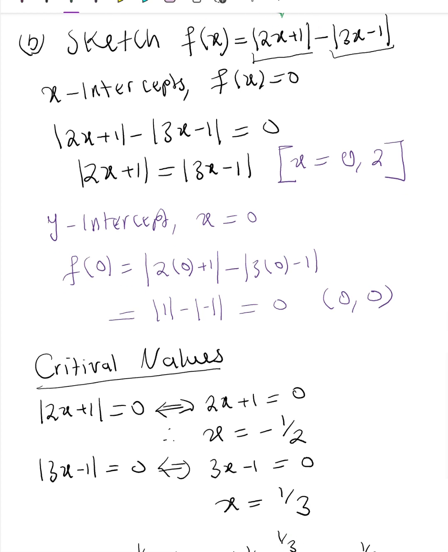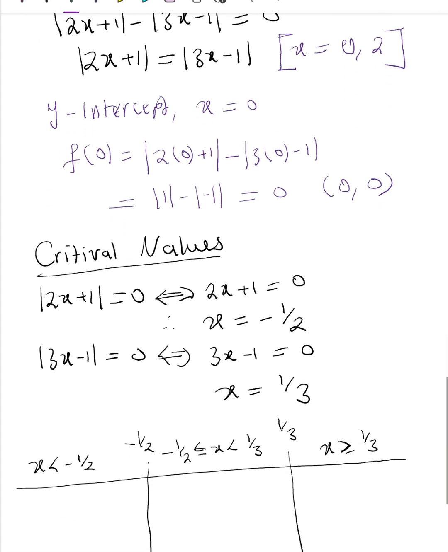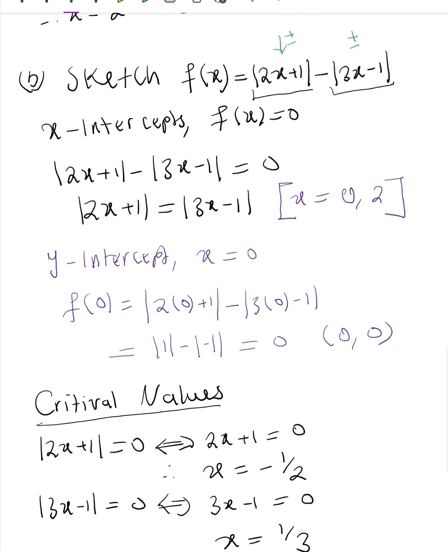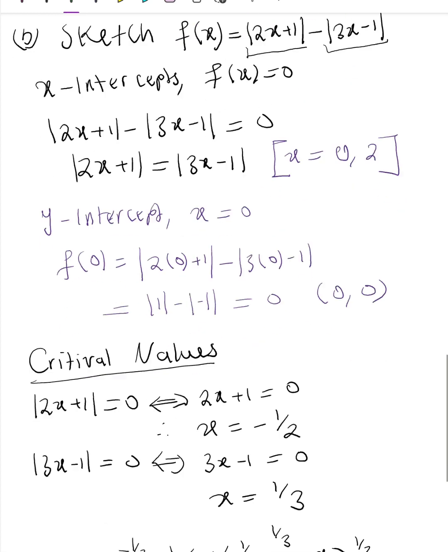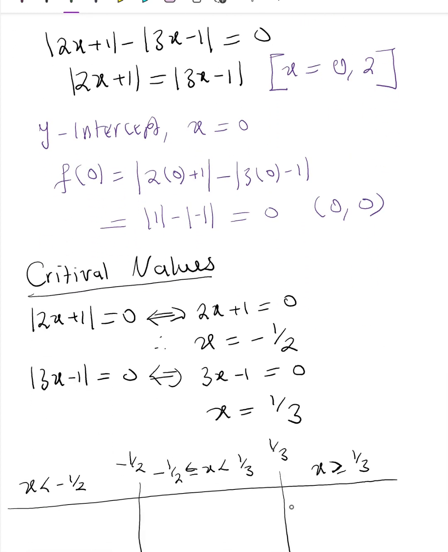And so is 3x minus 1: positive for x greater than or equal to 1/3, and negative for values of x less than 1/3. So for values greater than 1/3, those values are also greater than negative half. So the first one will be positive, so that is 2x.